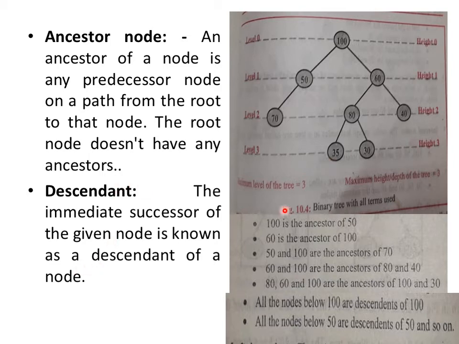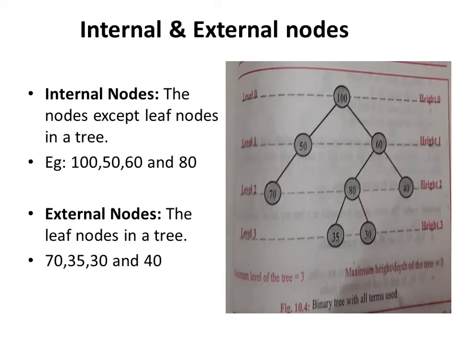What are descendants? The immediate successor of the given node is a descendant of a node. Here there are two types: internal and external nodes. What are the internal nodes?